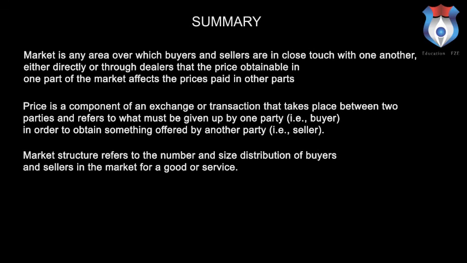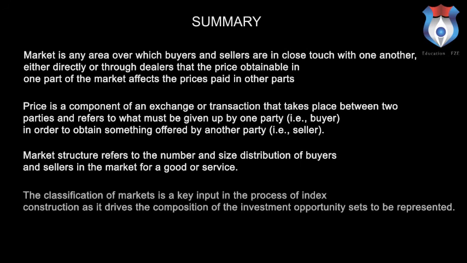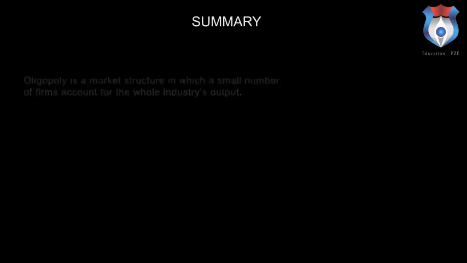Market structure refers to the number and size distribution of buyers and sellers in the market for a good or service. The classification of markets is a key input in the process of index construction, as it drives the composition of the investment opportunity sets to be represented.